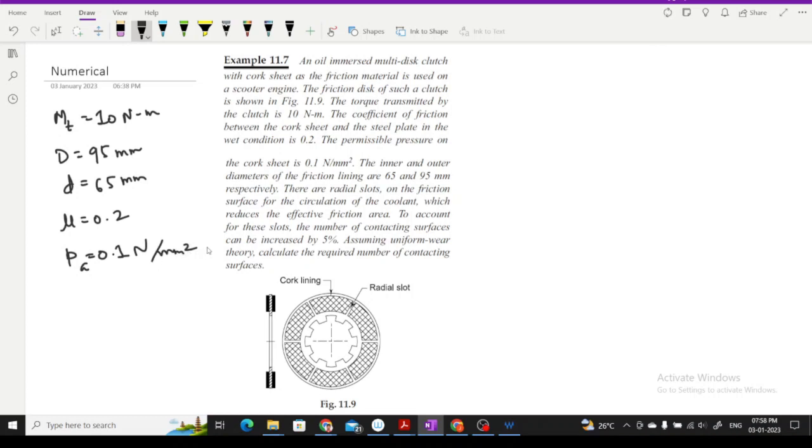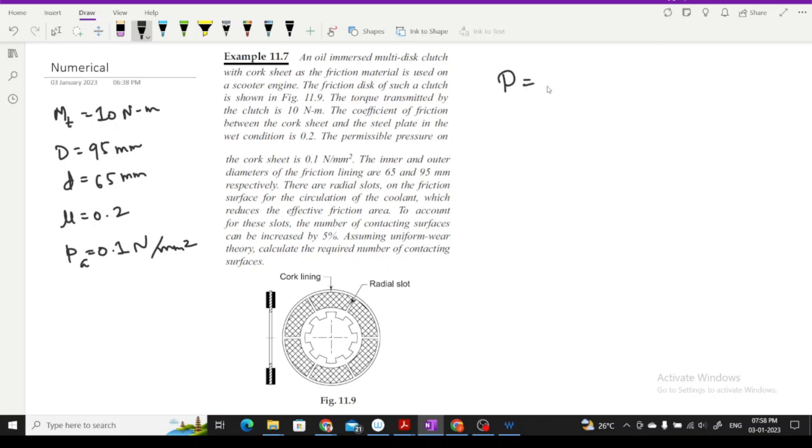Once you have this given data, you can calculate the operating force. In case of uniform wear theory, the operating force is mu p_a d by 2 (D minus d). So from all this given data, what will be this force? Can anyone tell?